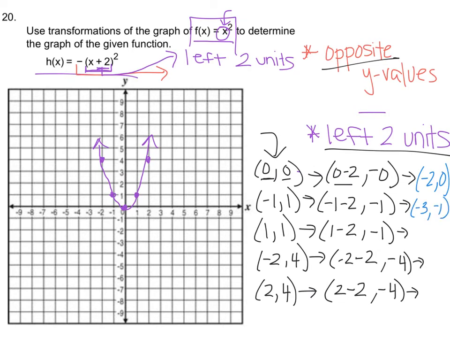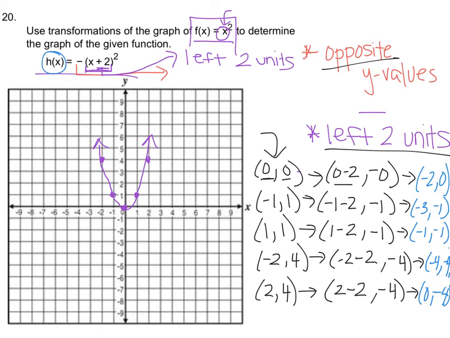Then 1 minus 2 is negative 1, and also a negative 1 for my y. Then negative 2 minus 2 gives me negative 4 with a negative 4. And then 2 minus 2 is 0 with a negative 4. So these blue ordered pairs represent my new ordered pairs of my transformed function, which is h of x.